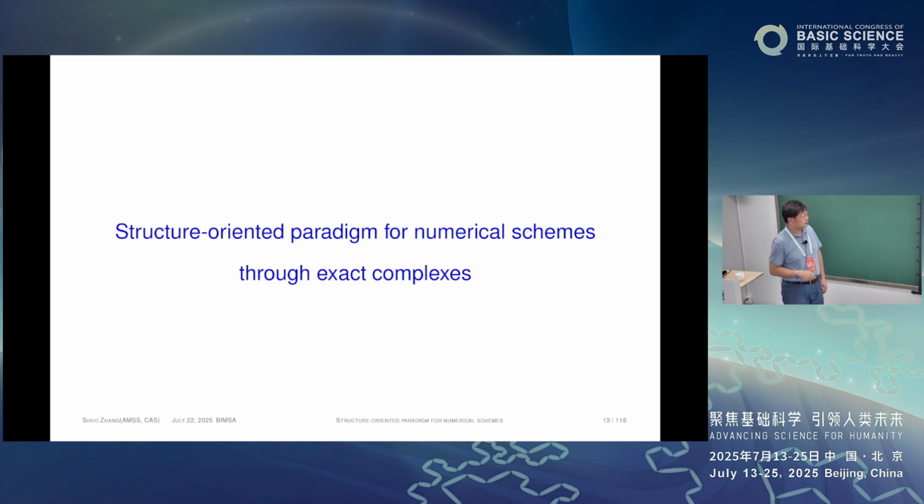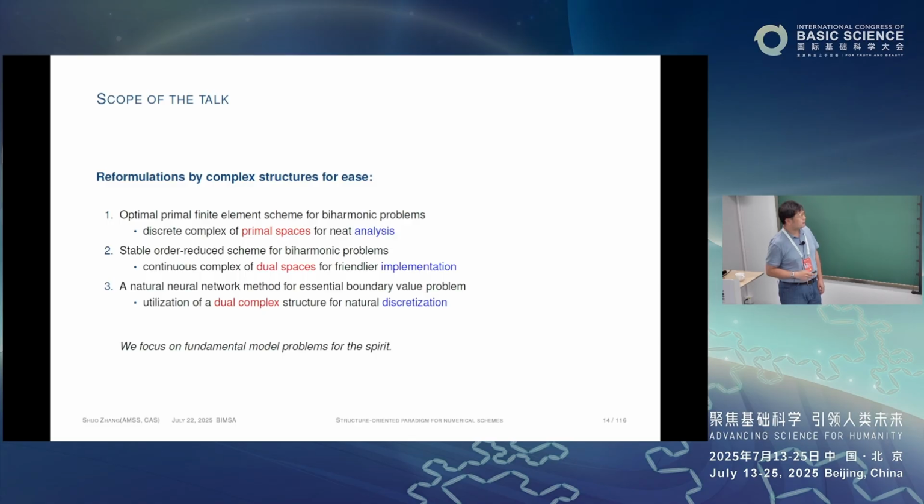Now I explain what it is. So in this talk, I will talk about how to use complex structure to reformulate the problem for ease, for correctness, for whatever you want. And if I have time, I will list these 3 examples. One example is that I use a discrete complex of primal space to get some neat analysis.